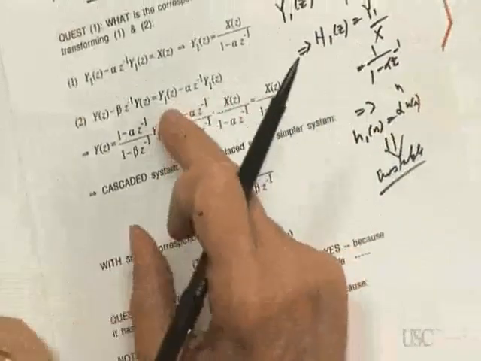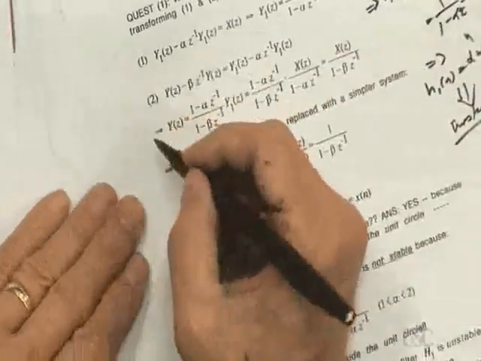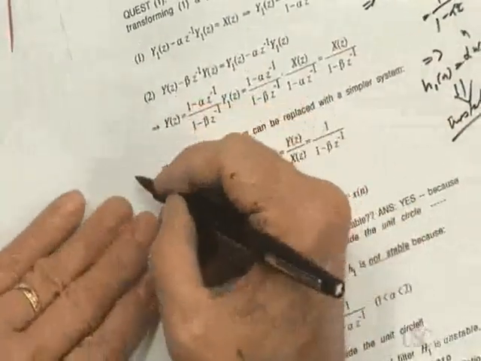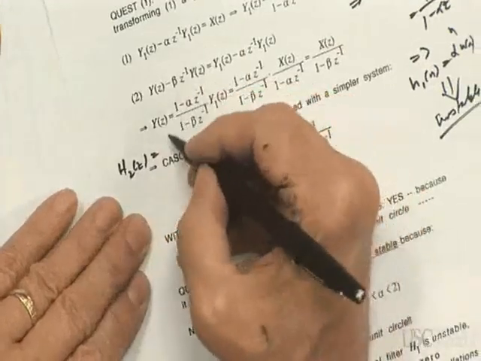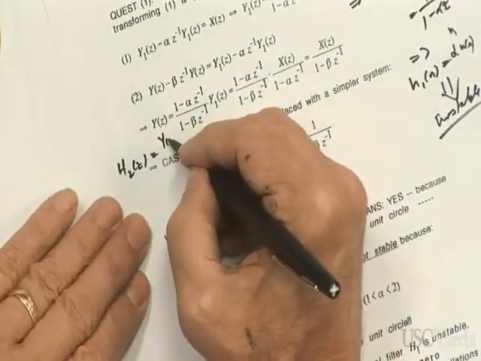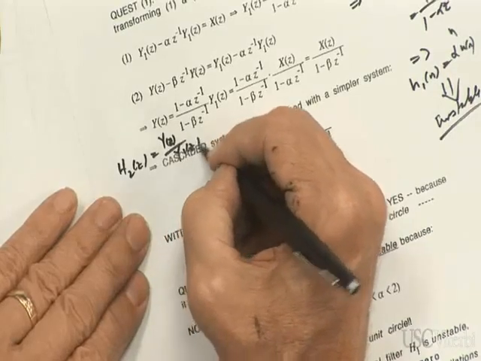All right. So what is the relationship between y1 and y? We know that h2 of z is going to equal the output for filter 2, y of z, divided by the transform y1 of z.